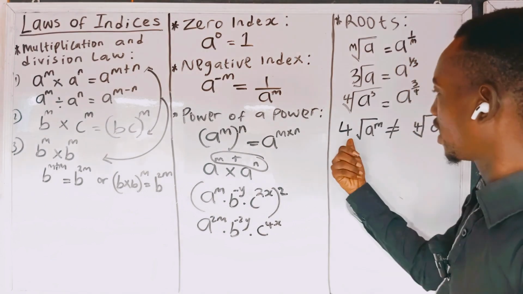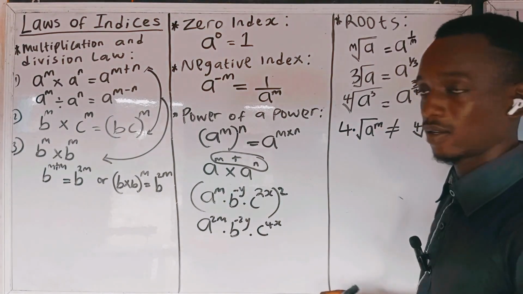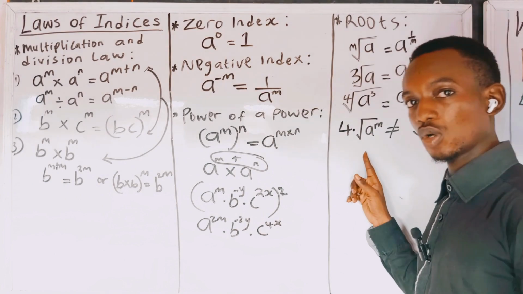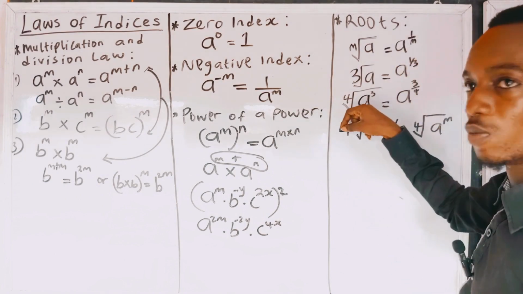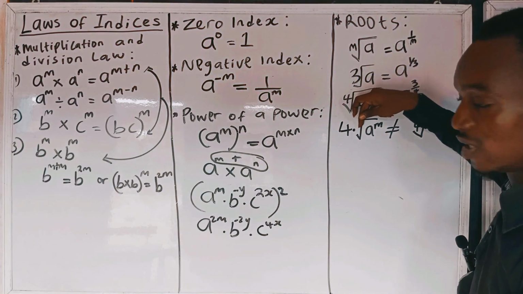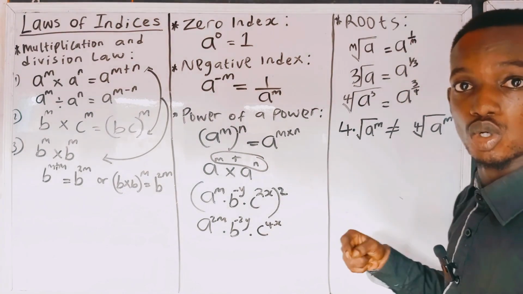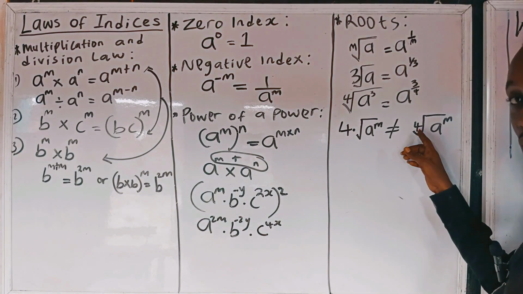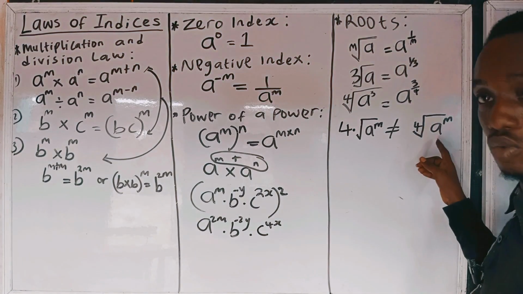Here, 4 is a coefficient, a multiplier. It is not the fourth root of a. If it were a root, it would be written small, in between this place and this place, for you to know whether it is a root or a coefficient. Look at this here. Can you see where it is written? That is the fourth root.